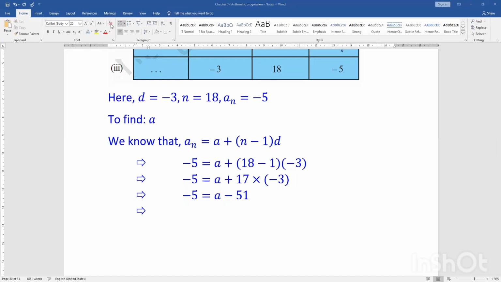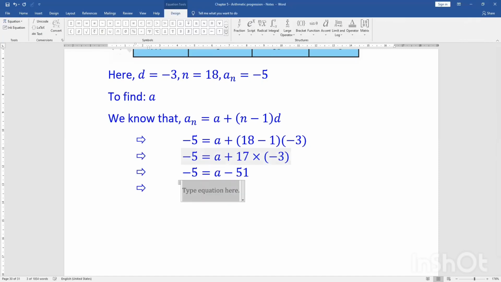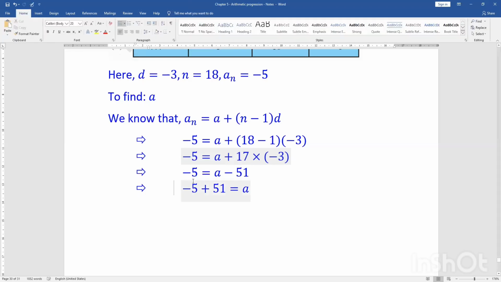In the next step, now I transpose this -51 to the LHS. So -51, when it moves to the LHS, it becomes +51.